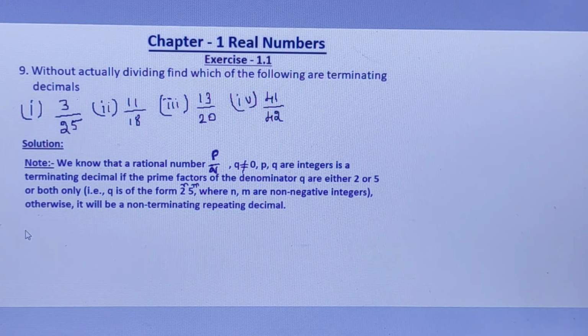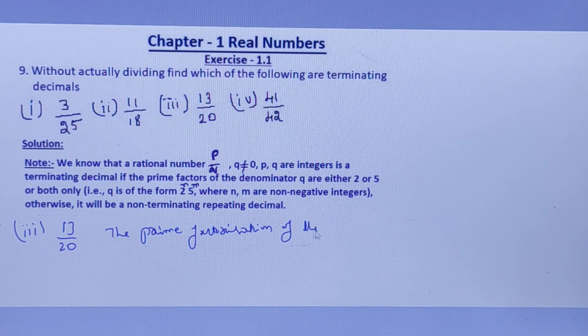Solution to the third one, 13 by 20. The prime factorization of the denominator 20 is equal to, we can write this as 2 into 2 into 5.